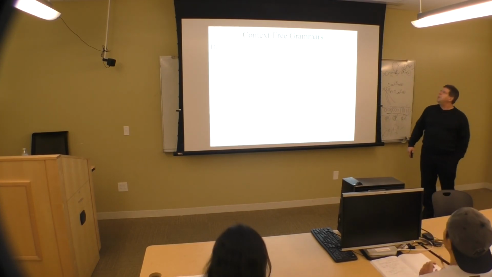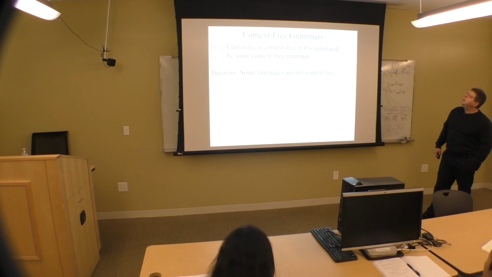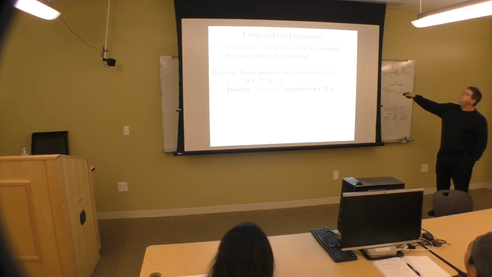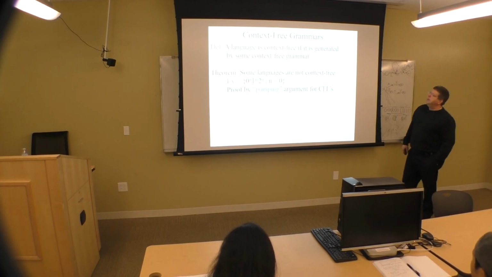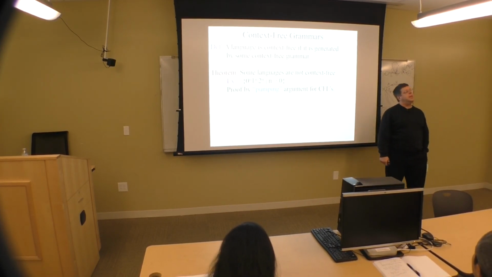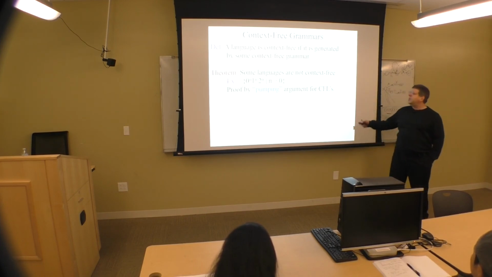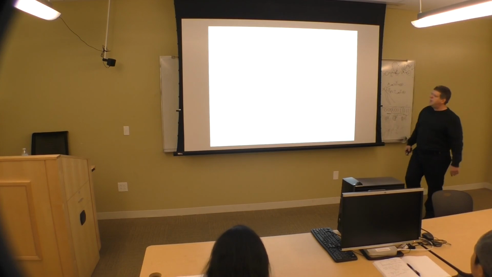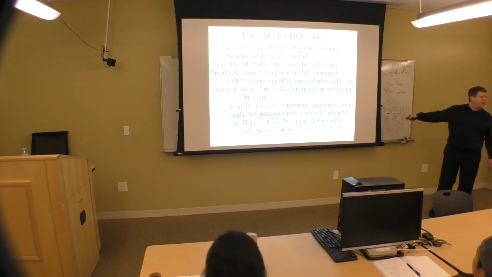So we're proving a bunch of things in rapid succession. So, you know, how do you prove that 0 to the n 1 to the n 2 to the n is not even context-free? So it turns out there's a pumping argument for context-free languages, just like we just showed a pumping argument for regular languages.